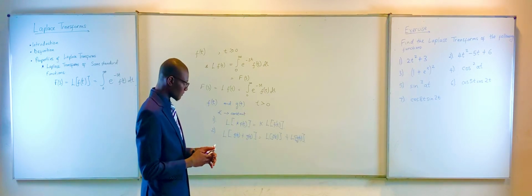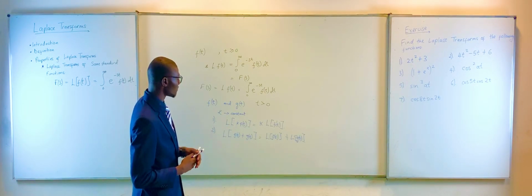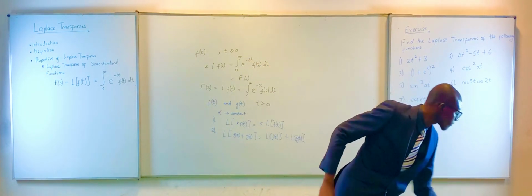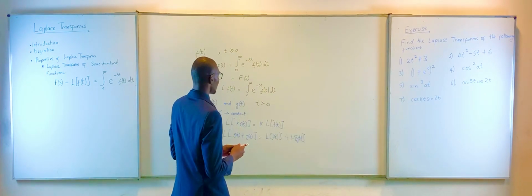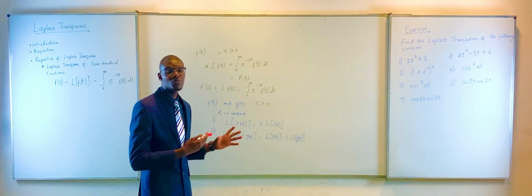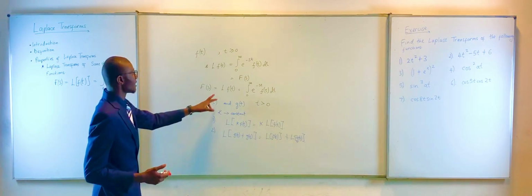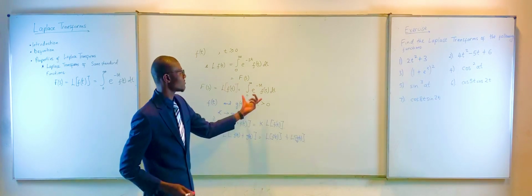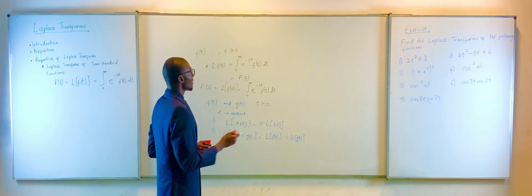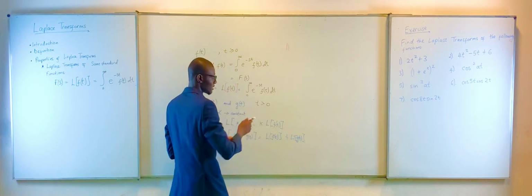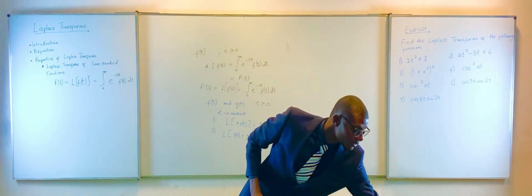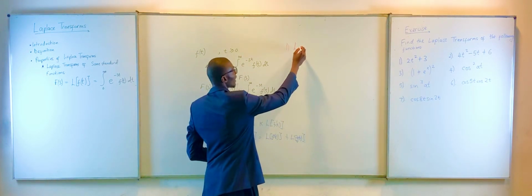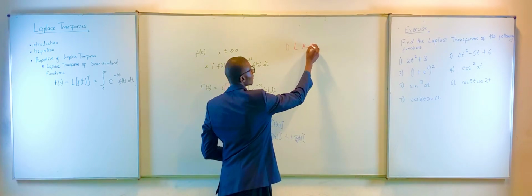So for the first theorem, we shall prove it from the definition that the Laplace transform of f of t is simply equal to that. For the first one, we've got the Laplace transform of k f of t.